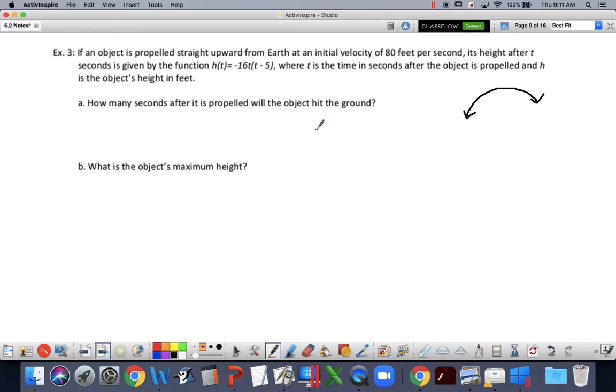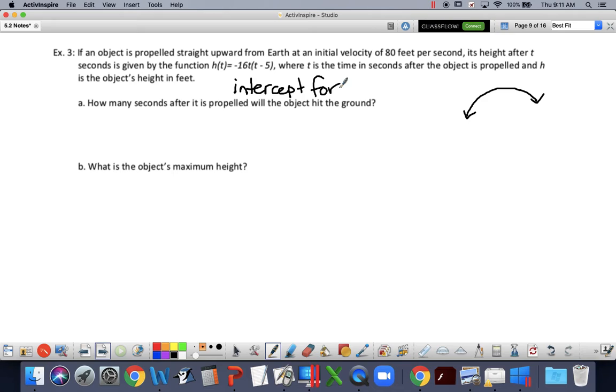So if we think about it on the coordinate plane, and we think about this function, what form is this function in? Is it in standard form, vertex form, or intercept form? Well, it's already in intercept form.